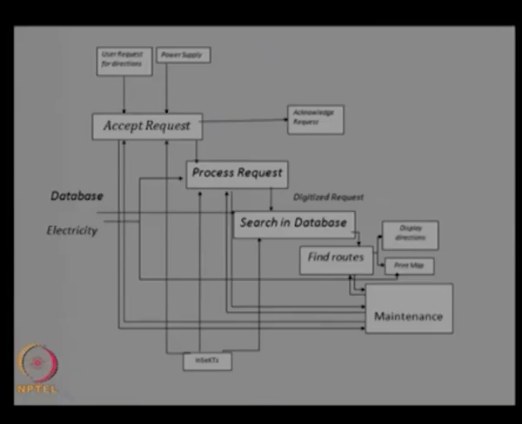So, the A0 function is decomposed into 4 functions here, and you can see the type of interactions taking place between these functions, and the inputs coming to these functions as well as the outputs from these functions. You can see the inputs are basically the user request, then the power supply, and the database and other infrastructural support, and then you have the outputs: acknowledge request, display directions and print map.